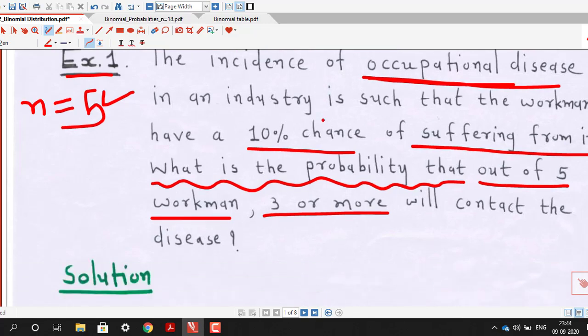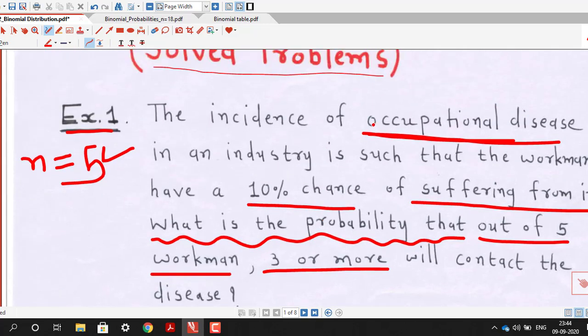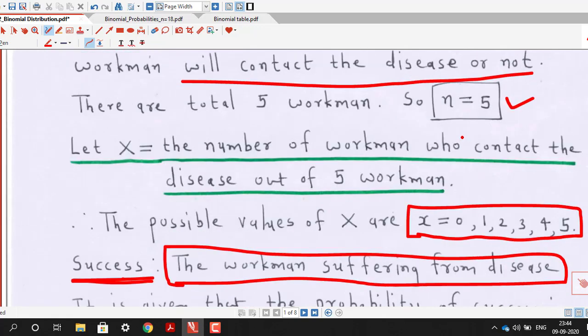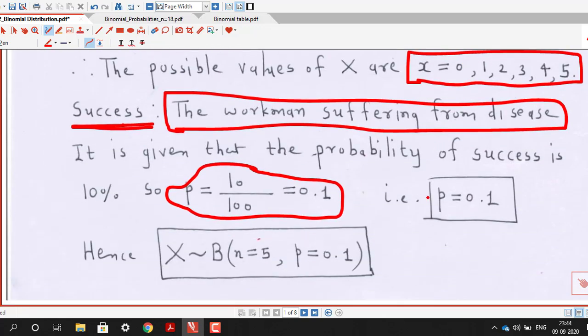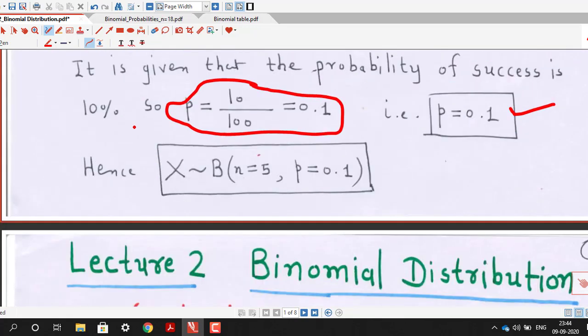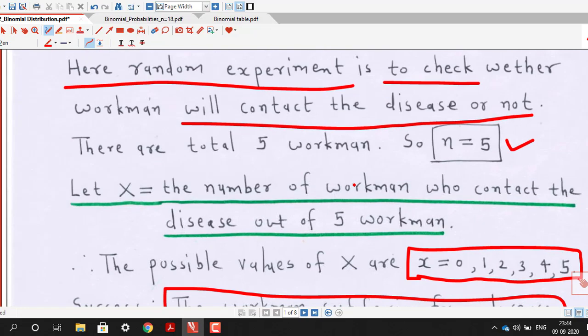For each trial there are only 2 possible outcomes: either the workman will be suffering from disease or he may not be. And the probability of success is constant, 0.1, for each trial. Therefore this capital X is a binomial random variable with n equal to 5 and p equal to 0.1.